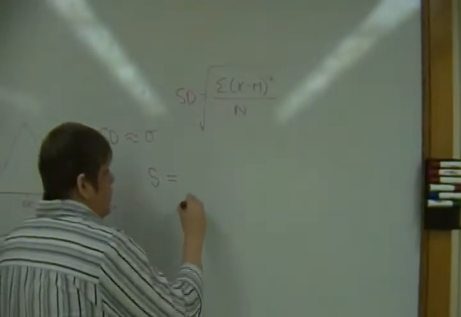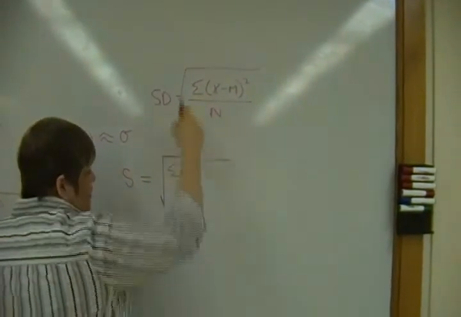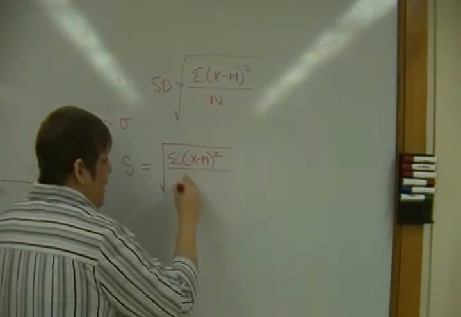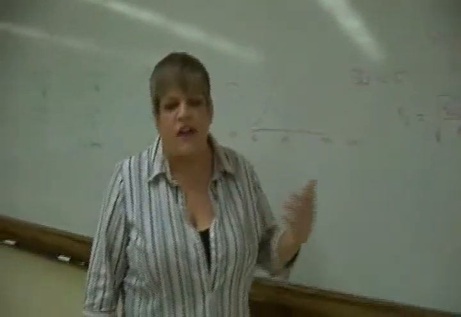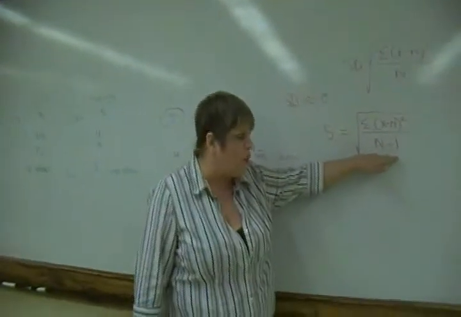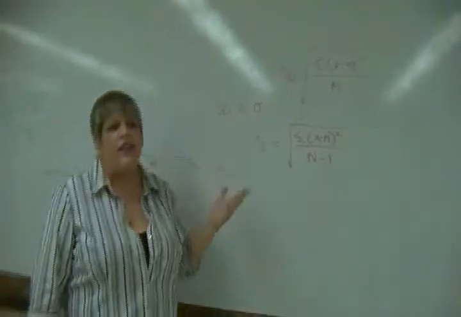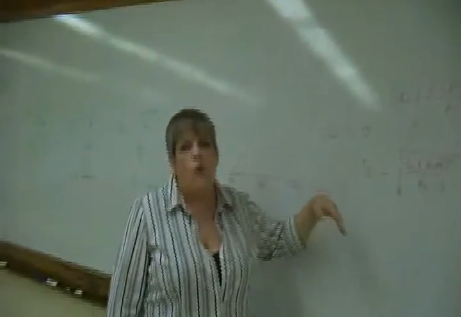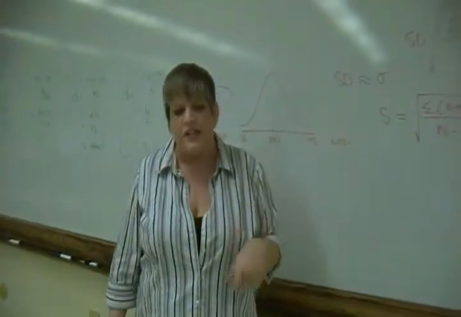So S is going to be the square root of the sum of the squared deviations, same as here, every score in the data set minus the mean squared, divided by n minus 1, okay? And that n minus 1 makes this number slightly smaller in the denominator, which makes the overall value slightly larger. And that corrects for the fact that the sample standard deviation will be a misrepresentation of the population standard deviation, okay?